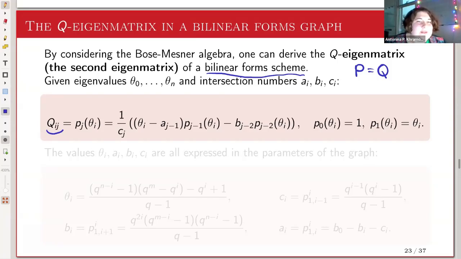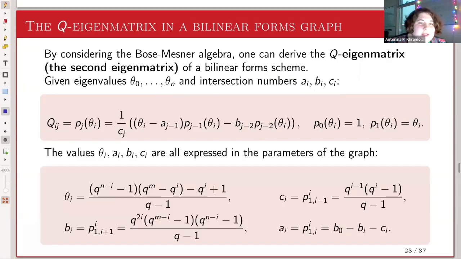As long as we have the eigenvalues and the intersection numbers of the bilinear forms graphs, you can just use this recursive formula to define the entries of the matrices. And of course, the eigenvalues and the intersection numbers are also known for bilinear forms graphs, and they only depend on the size of the field and the size of the matrix here.